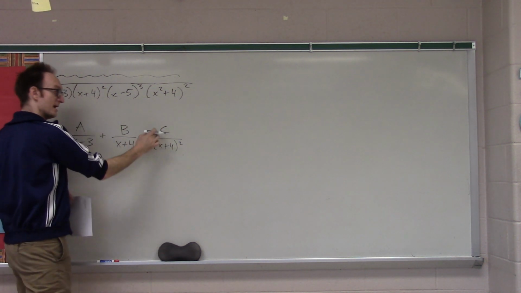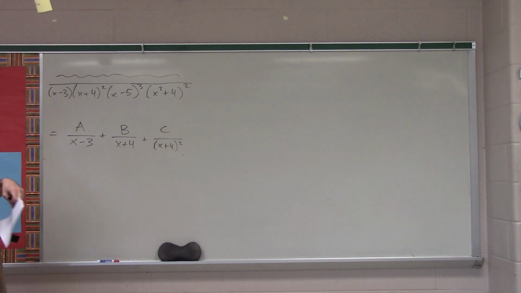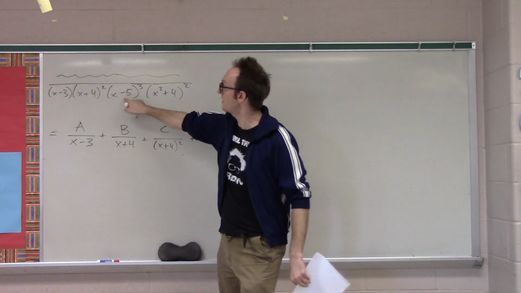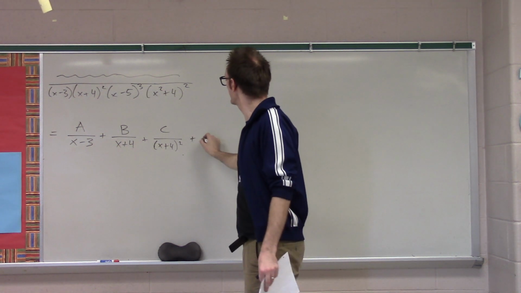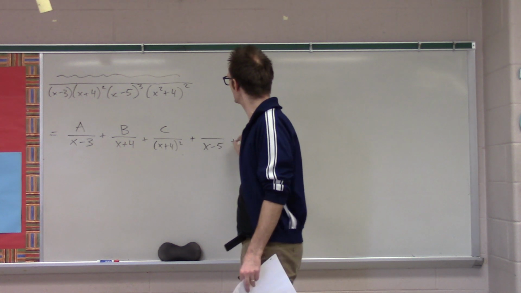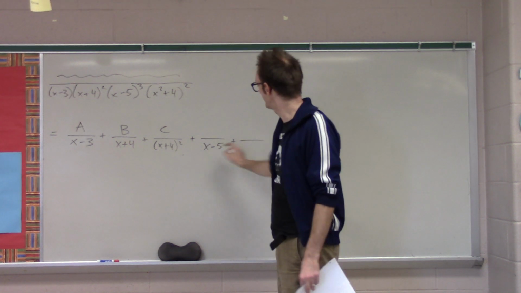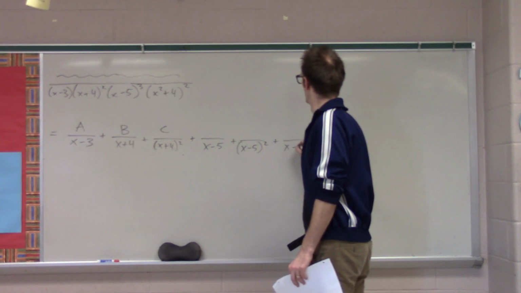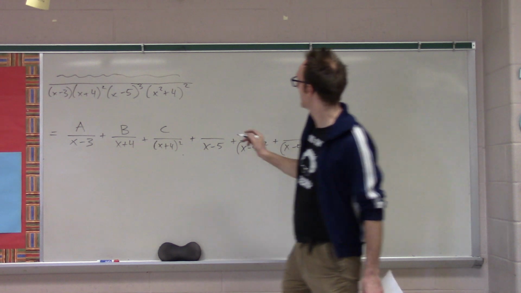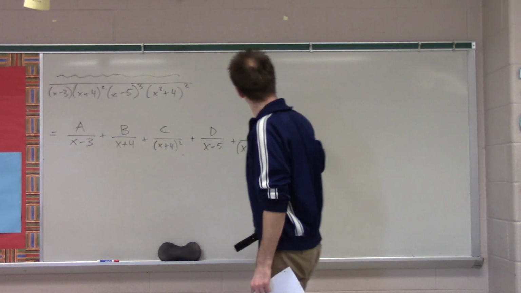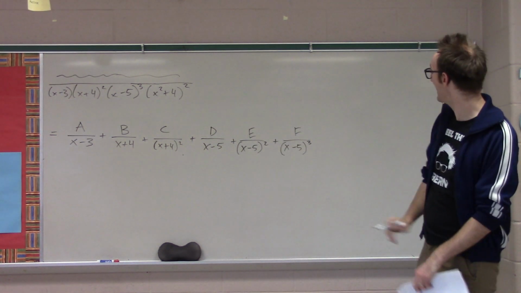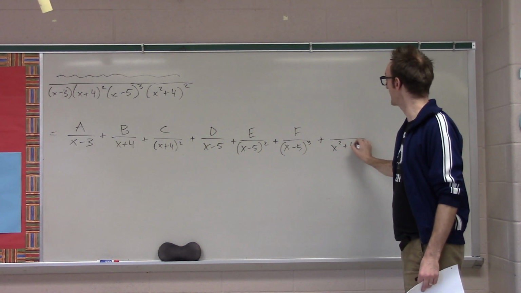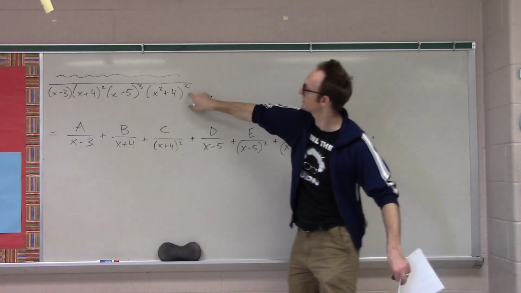And this will be a number, which is not so obvious, but follows from what we did in class and what we just did. And then if you have x minus 5 cubed, by a similar process, you can split that up into 3 pieces. And so this would be D, E, F. And finally, x squared plus 4, that's there twice.